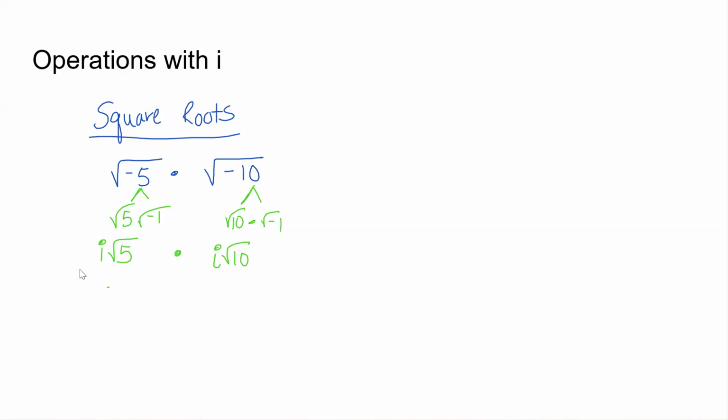Now, let's multiply. You multiply the outside by the outside, so that's i squared, and the inside by the inside, so that's √50. Now, i squared is very important. I'm going to call him a superhero. He's so important. And a superhero often has a disguise. i squared is -1. That is his disguise.